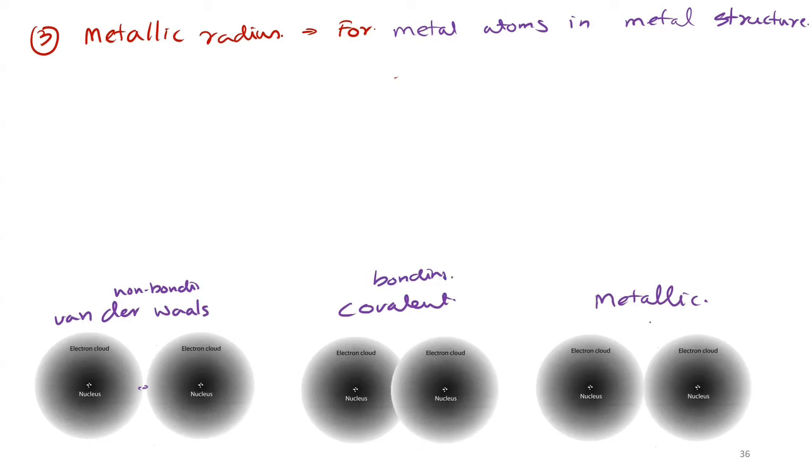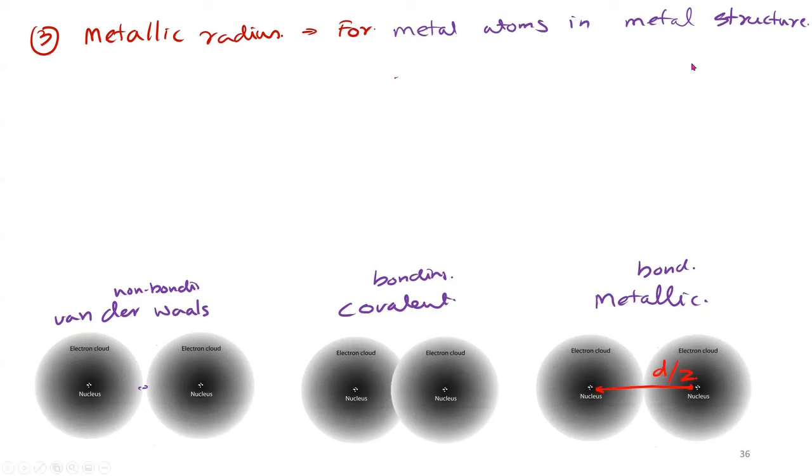In the metallic, it is also a type of bond, but there is a small difference. It is not like a very tightly overlapped covalent bond. It is not exactly like the overlap you see in a covalent bond. So in the case of metallic radii, again, we take the distance between the two atoms and take half of that distance.